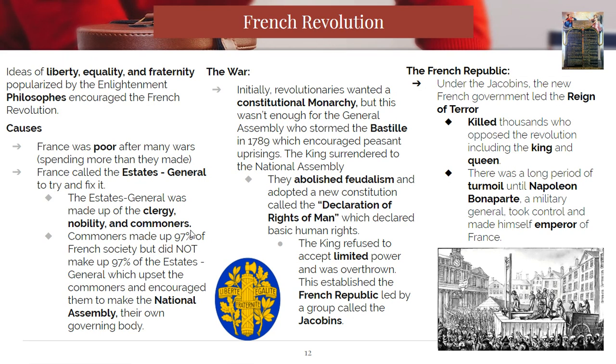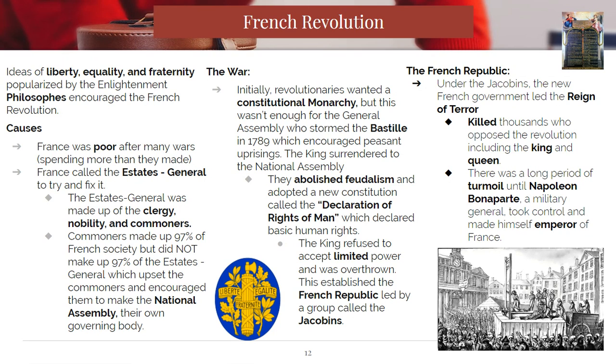Every time a tax was passed, the commoners got outvoted by the clergy and the nobility, so the commoners were the only ones that had to pay the tax. They got fired up, and they created their own governing body called the National Assembly.